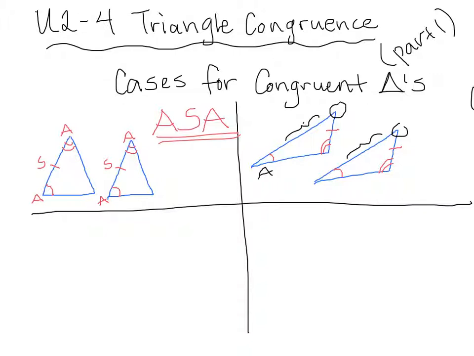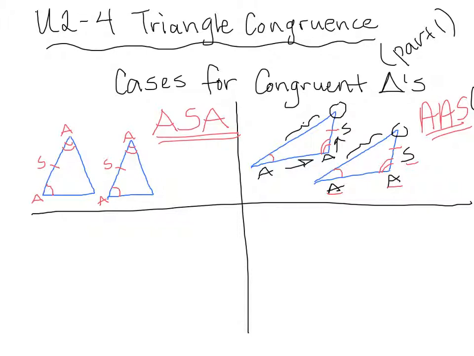Notice I know an angle, another angle, and a side. Same here. It's angle, angle, side. And that's the name of this case. Now, you might also see this as side, angle, angle, SAA, if you just labeled it the other direction.